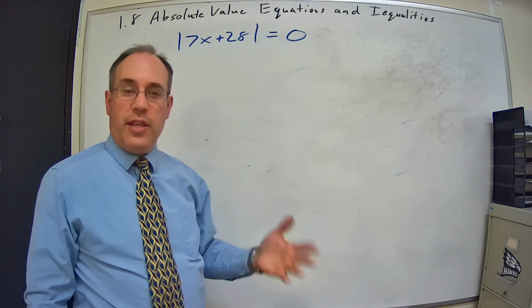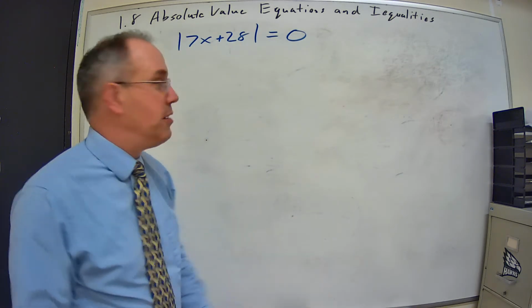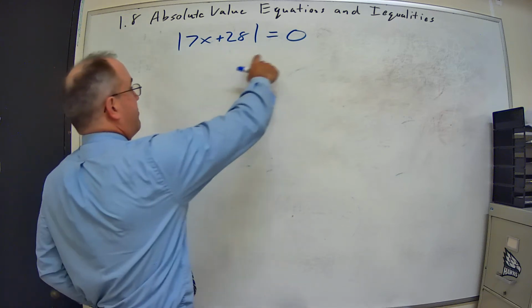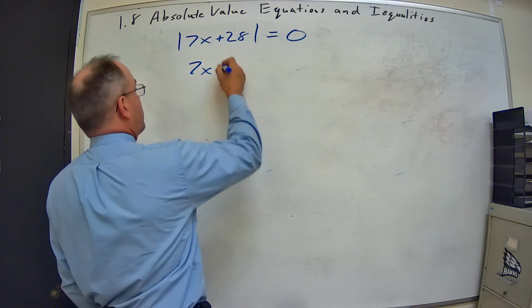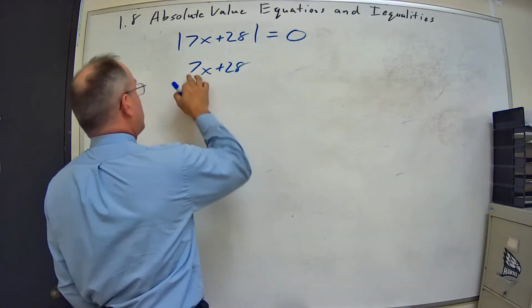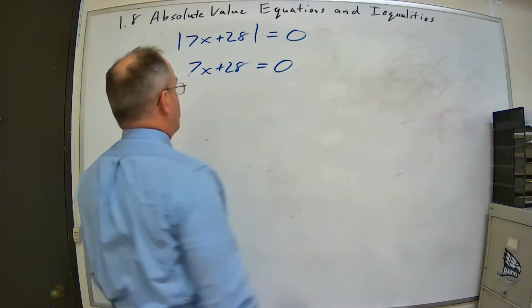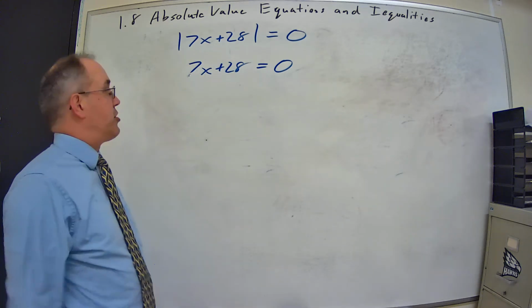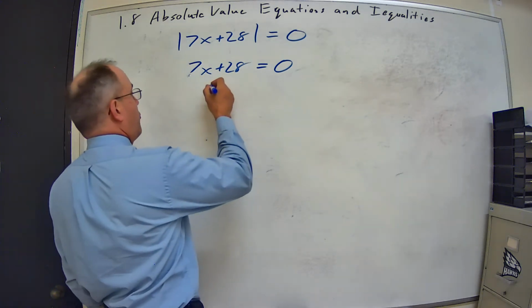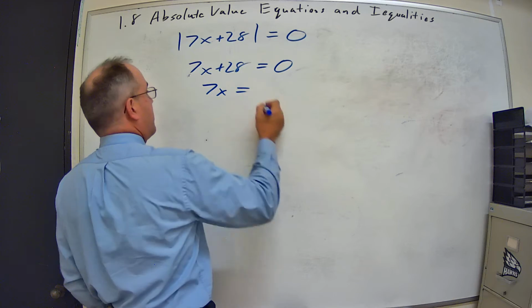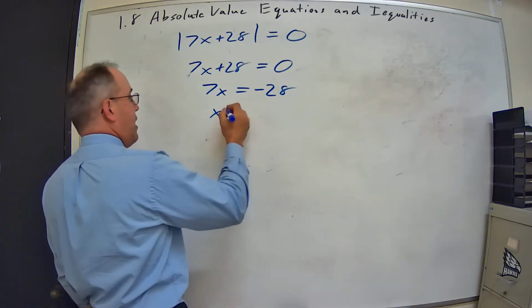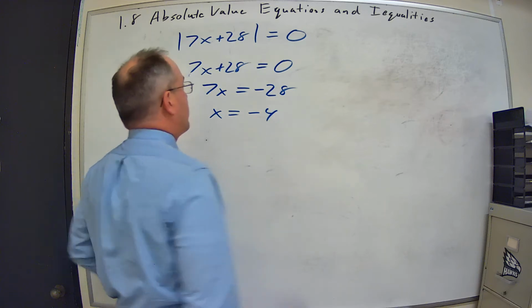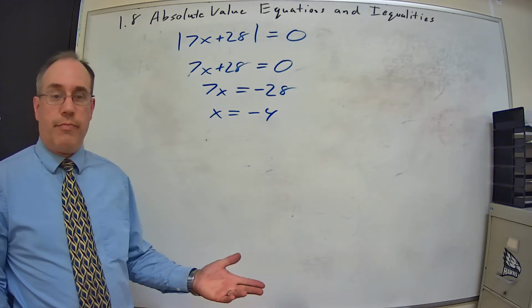So simply put, in this case, this has to be equal to 0. So 7x plus 28 is equal to 0, and we just solve it. Subtract 28 from both sides, 7x is equal to negative 28, divide both sides by 7, x is equal to negative 4, and we're done.